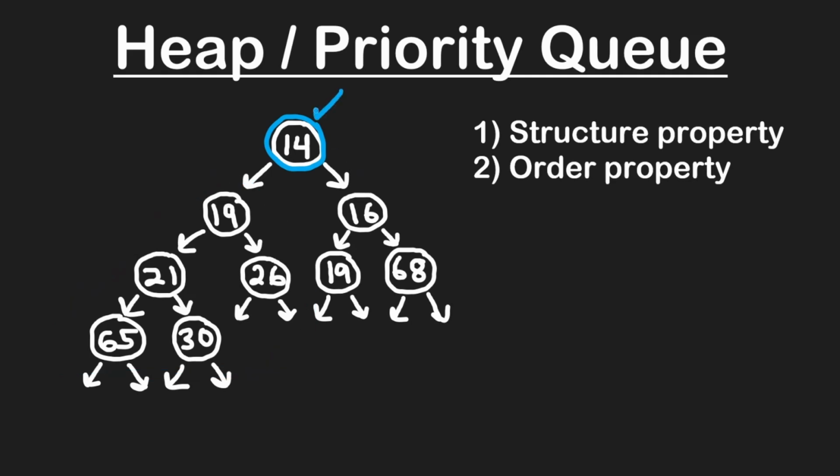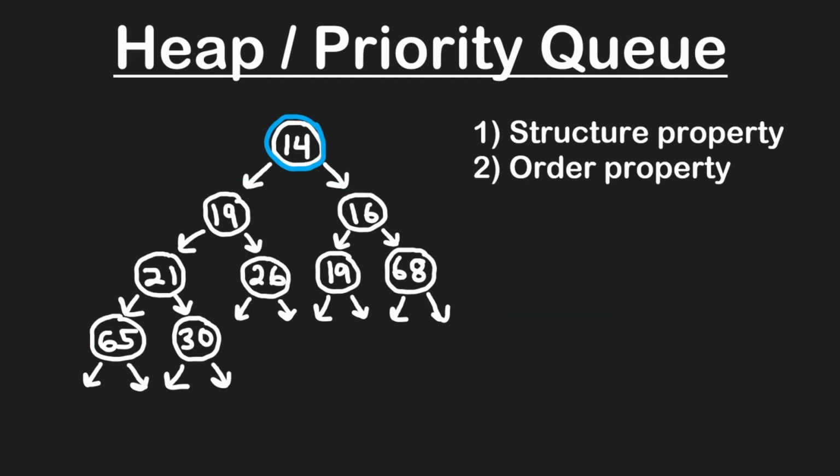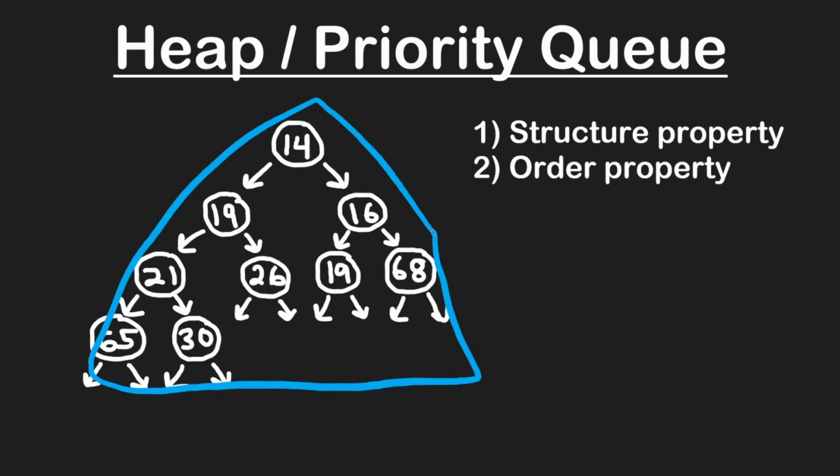Actually, when you look at the root node here, it's smaller than every single descendant in the tree. That's going to be the order property that we talk about in a minute, but let's first start with the structure property. A binary heap is essentially a binary tree that is considered a complete binary tree.